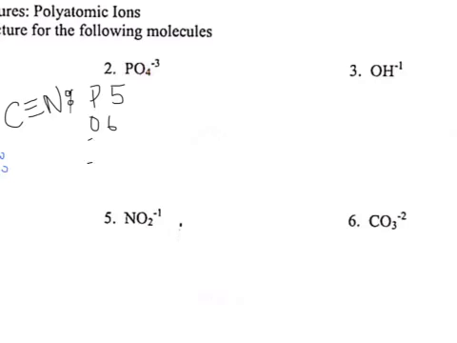Alright, there's 4 of them. 6 valence electrons each, plus a charge of -3 indicates that there's 3 extra electrons. So I'm going to say +3. And adding all those up, 24, 29, 32. So we have a total of 32 electrons, meaning we're looking for 16 pairs.